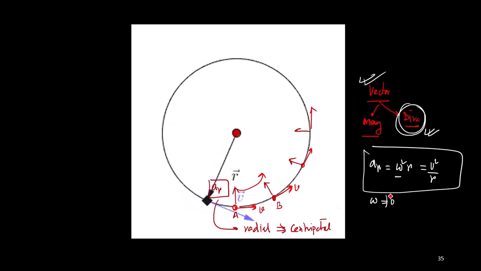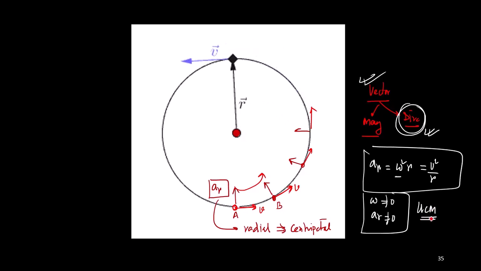Omega cannot be 0, that means AR cannot be 0. So for a uniform circular motion, since omega is constant, AR is constant. Can I say that? AR is constant magnitude-wise, but vector-wise it is different.